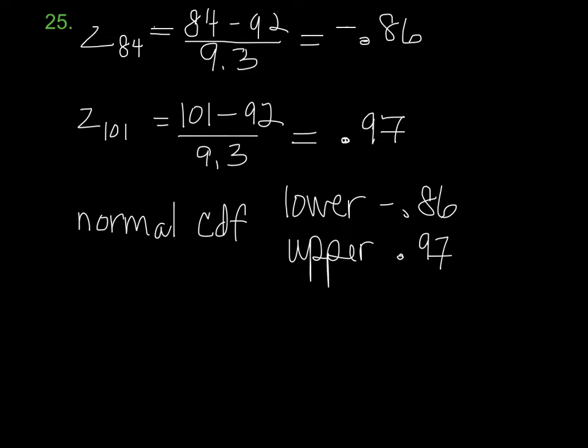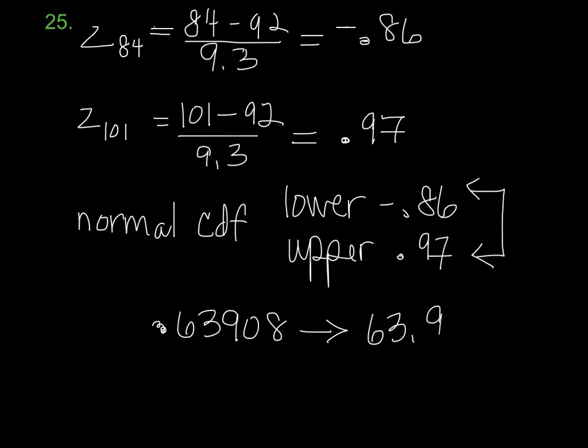And when you do that, you're going to get 0.6398 because we're looking for the percentage of students between 84 and 101. We're using their z-score values, and that will give us the percentage of students between 84 and 101. And then if we want to just flip this around a little bit, we're going to get 63.9% of the students would score between an 84 and 101.